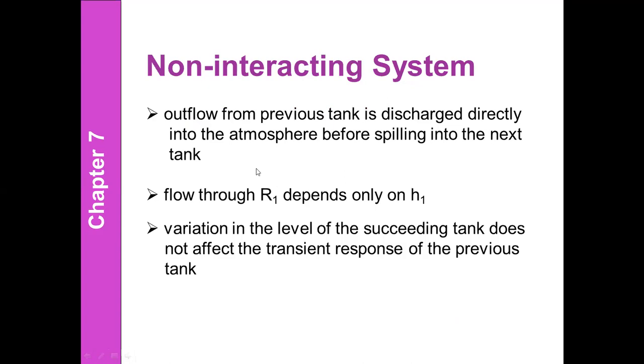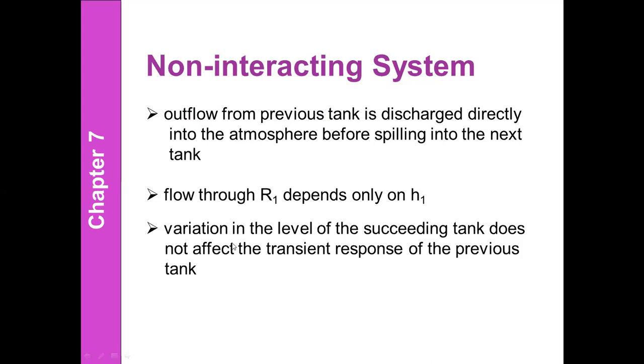The outflow in this case from the previous tank, when we speak of the liquid level system, is discharged directly into the atmosphere before it is spilled into the next tank, or before it is introduced to the succeeding tank. Now, in this case, we say that the level in the first tank is dependent on the resistance. So flow through R1 depends only on the level.